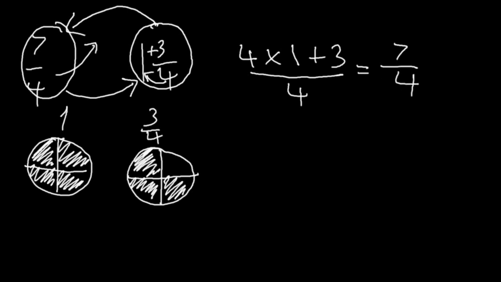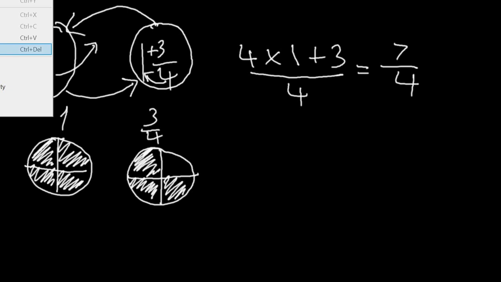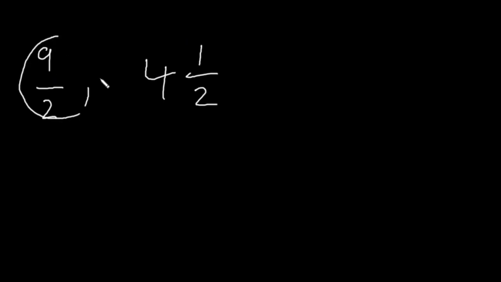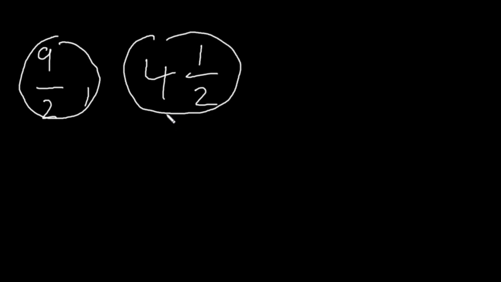And we'll just have another example. So let's say we had 9 over 2. We know that there are 4 2's in 9, and there will be a remainder of 1/2 there. So we've converted our improper fraction to a mixed number. So now I want to convert my mixed number back to an improper fraction.